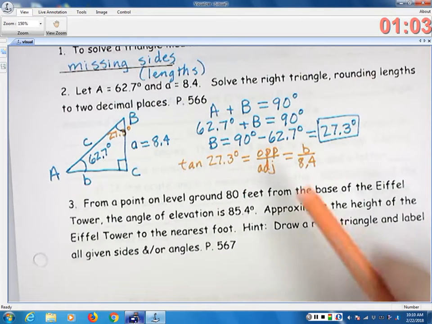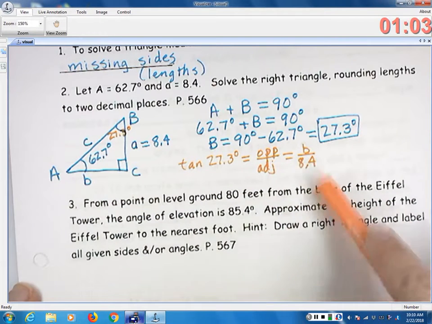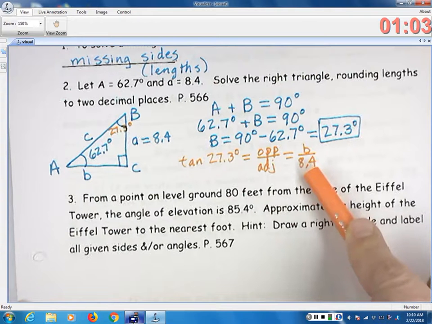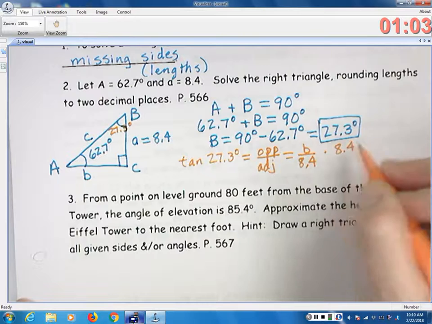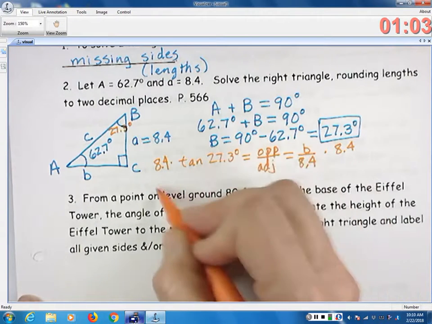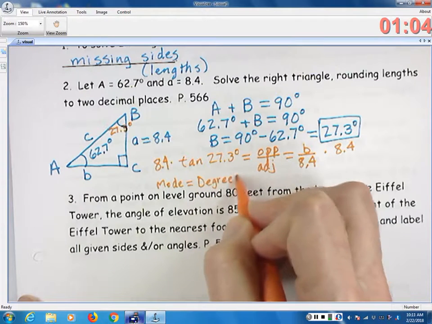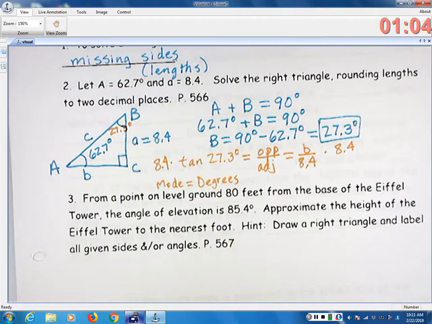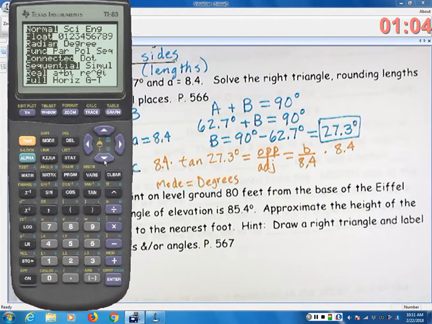On this one, you don't have to use the inverse tangent at all, because you're not missing any angles. We did a problem like this before. We're finding B, so we multiply both sides by 8.4. Make sure your calculator is in degrees. We have to turn on the calculator, go to mode, and change it back to degrees because we had it in radians.